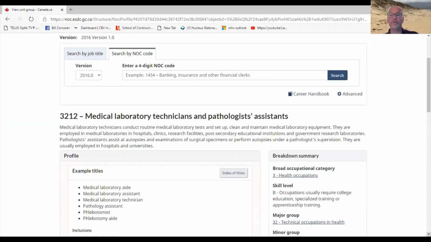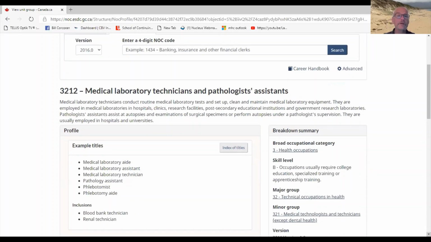And you go, wow, you know a lot, Bill. How did you know what a phlebotomist was? Well, full disclosure here, my brother had a friend who was a phlebotomist at one time. All right. So if you put phlebotomist into the magic search engine, it comes up with medical laboratory technicians and pathologists. And if you look down, it's the fifth one here, phlebotomist.